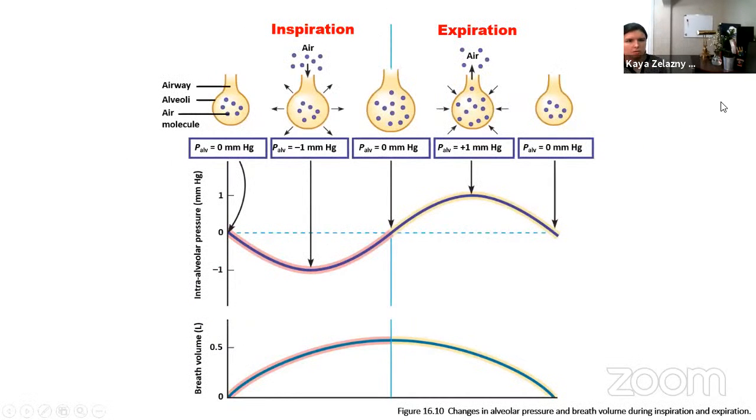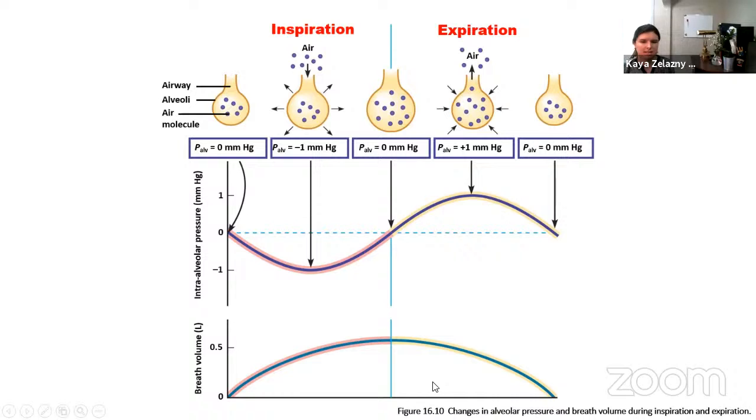So here we see a graph, drawing this a little better and adding on some numerical expressions and displaying the curves that happen as we're breathing in versus breathing out. So breathing in, inspiration, breathing out, expiration. So here we see our airway leading to the alveolus with our air molecules inside.